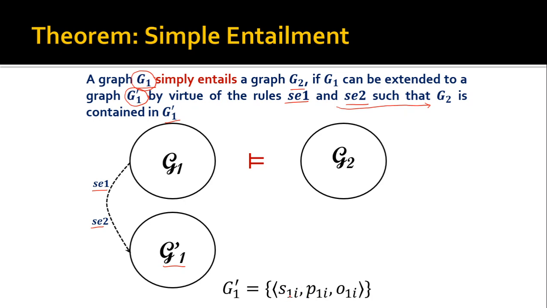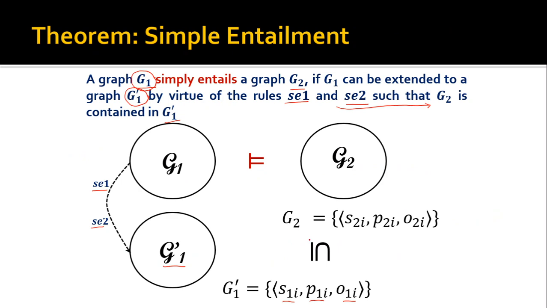So let's say we are naming this triple S1i, P1i and O1i. So this is the ith triple of graph 1. Similarly, G2 is the set of triples that you can have from the G2 graph, the set of triples S2i, P2i, and O2i. And if this set of triples is a subset of this G1 prime, then you say that G1 simply entails G2, right?